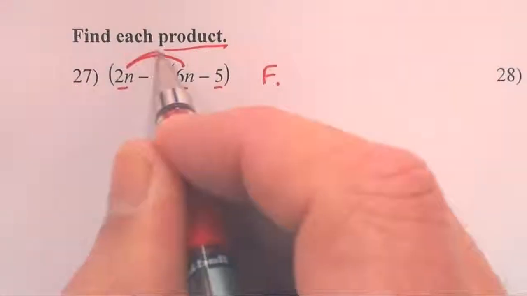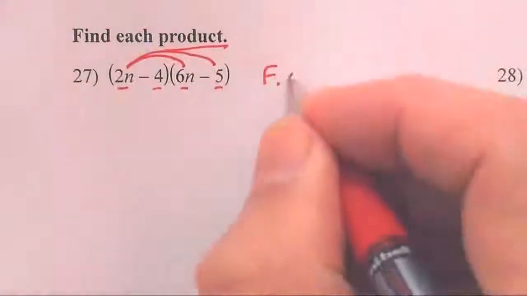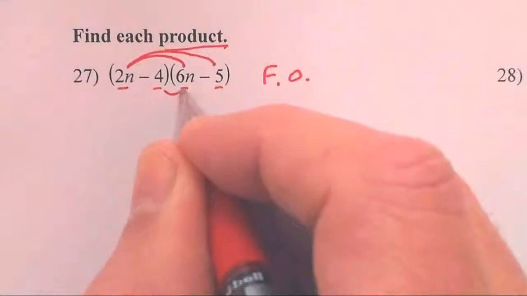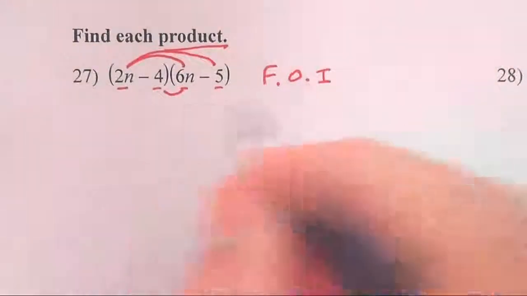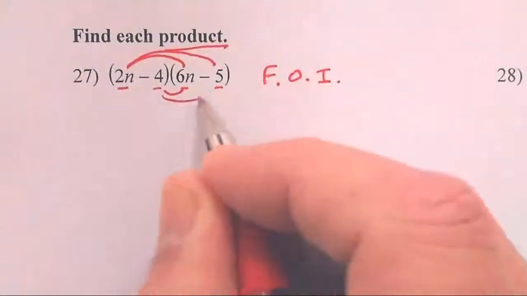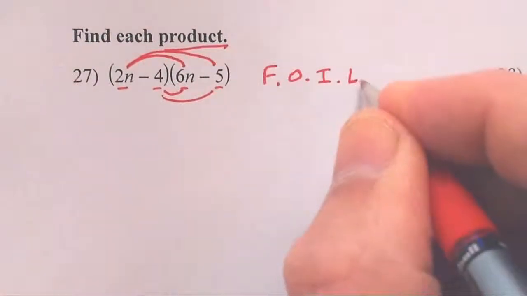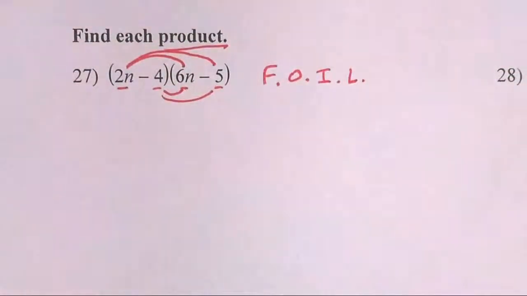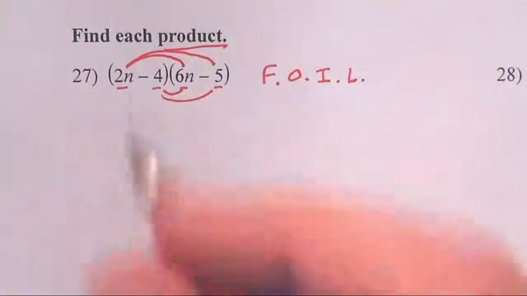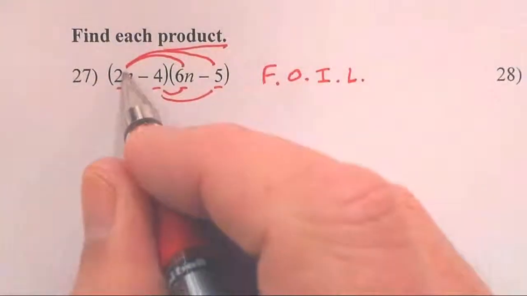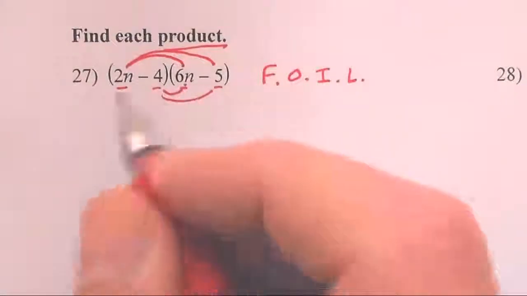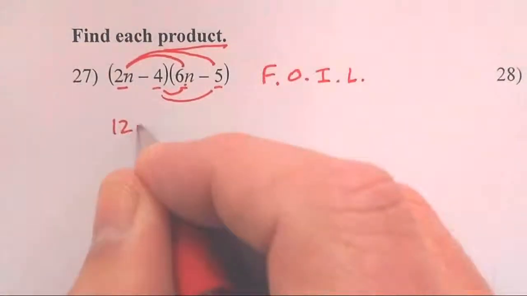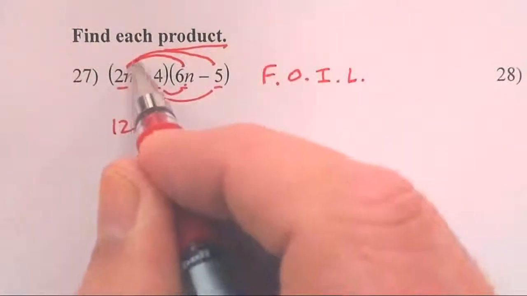I'm going to multiply the outside terms. I'm going to multiply the inside terms. And I'm going to multiply the last terms. And we just have to be really careful with our negatives here, our minuses, but we just call this process FOILing. So first times first, 2n times 6n, 2 times 6, 12, and a pair of n's.